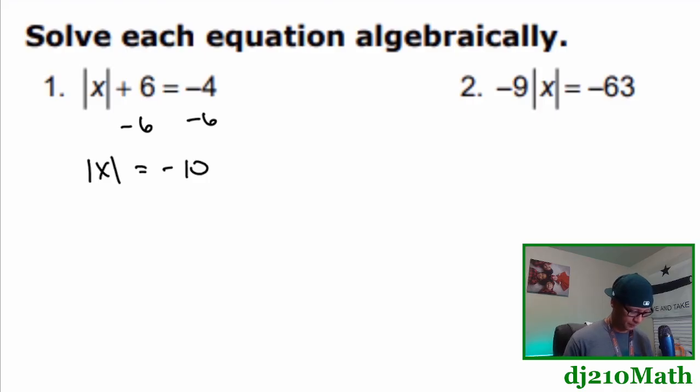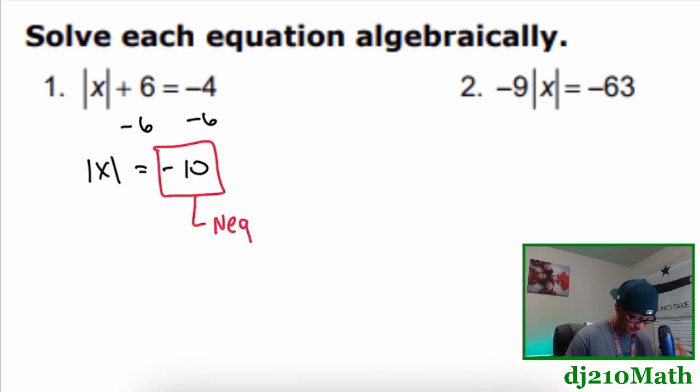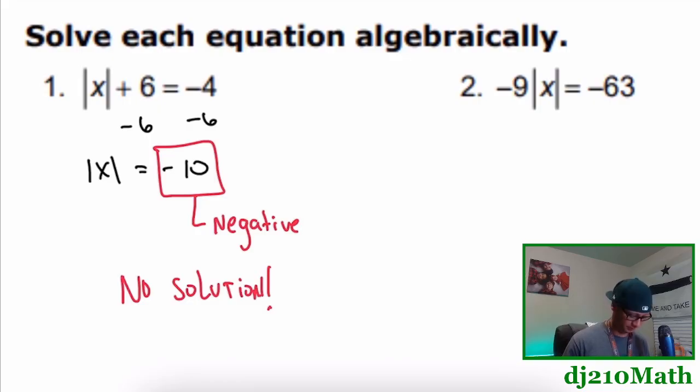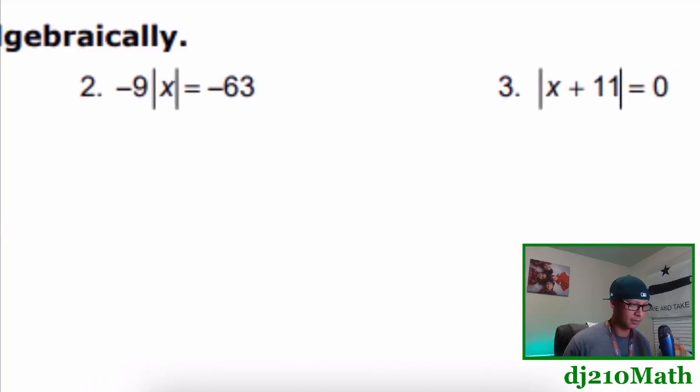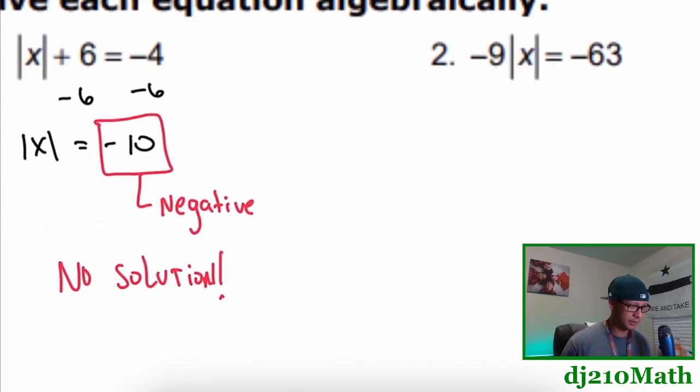You have to be smart and know that when an absolute value is equal to a negative number, there's no solution. That's when it's equal to a negative number.